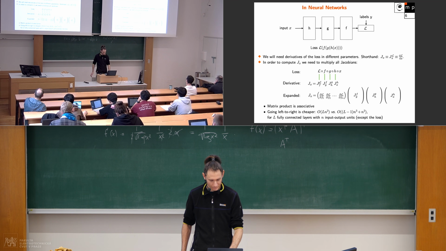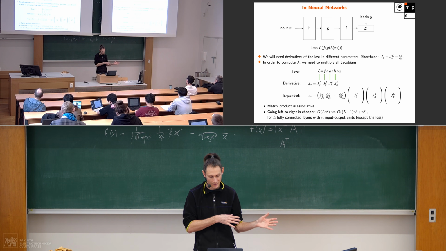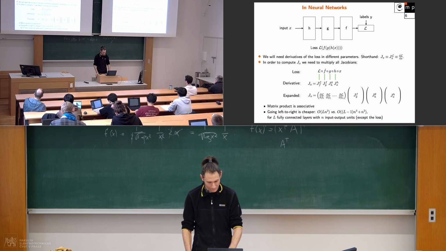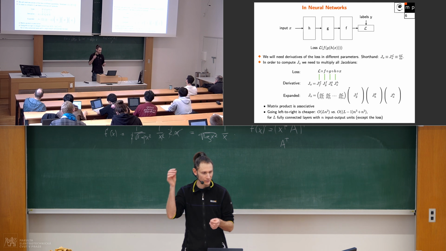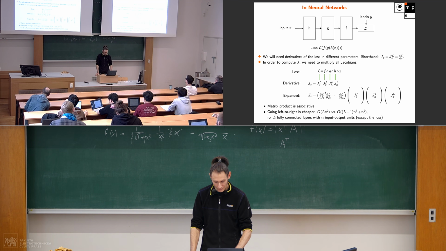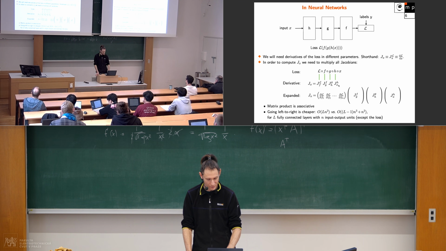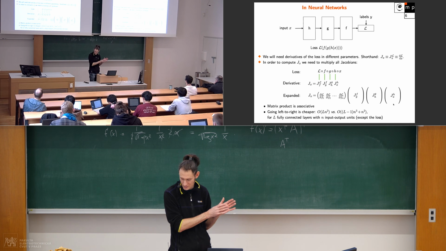But the derivatives of these intermediate layers, which typically take a vector input and produce a vector output, like multiple input neurons, multiple output neurons, are going to be some matrices, not necessarily square if the number of neurons is changing, but I assume for simplicity that they are square. And now the product of these Jacobians we could visualize as the product of this row vector with some matrices.